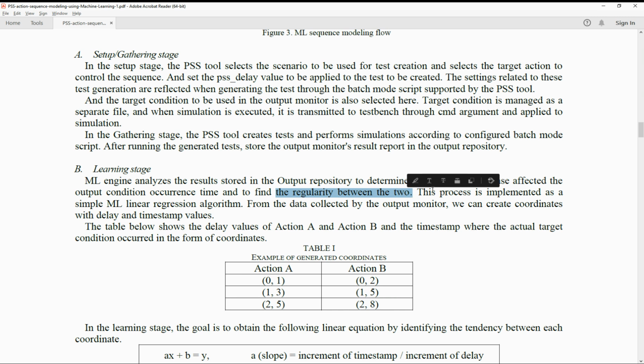This process is implemented as a simple linear regression algorithm.